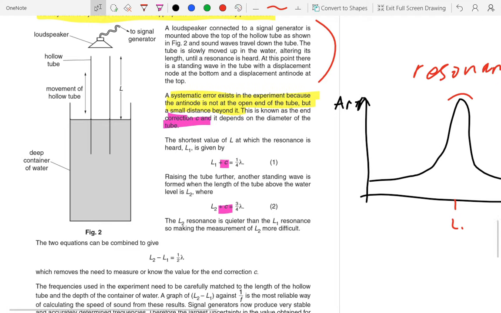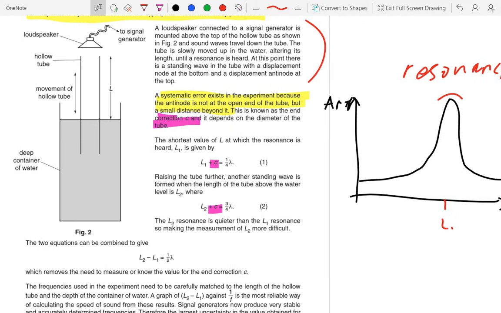They know from the theory that L1, so the first resonance, will be equal to a quarter of the wavelength. And they just know that from the systematic error you just do L1 plus C to get a quarter lambda.